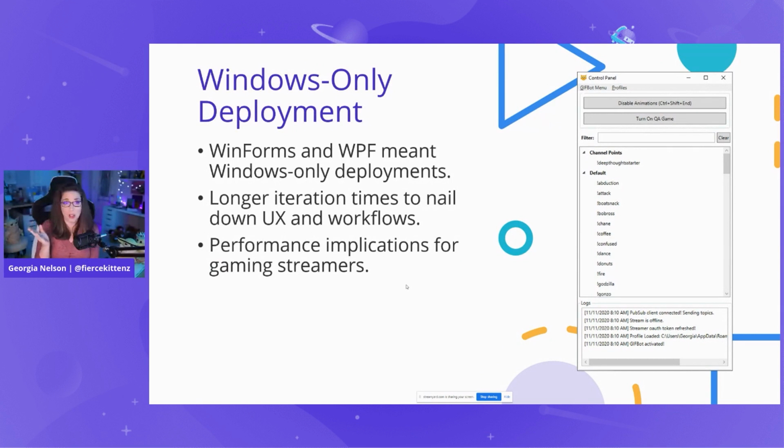And this is actually WPF. I did eventually start converting some of the more heavily used dialogues to use WPF instead because I wanted to have MVVM patterns. But this also meant it was a Windows-only deployment because I was using Windows UI libraries. And it also meant that iterating on the UI took a lot longer. If I wanted to add something new, it was add a new dialogue, now add the menu for it.